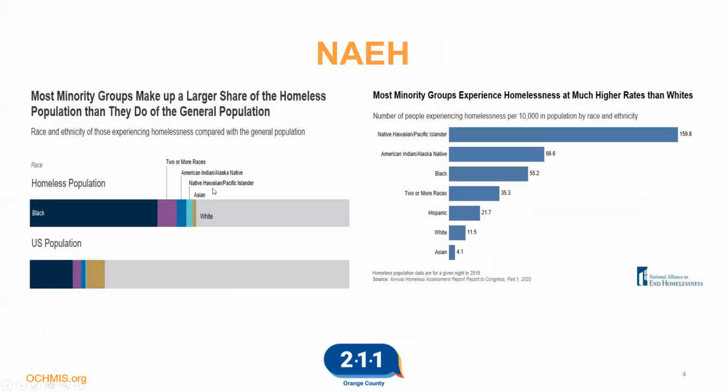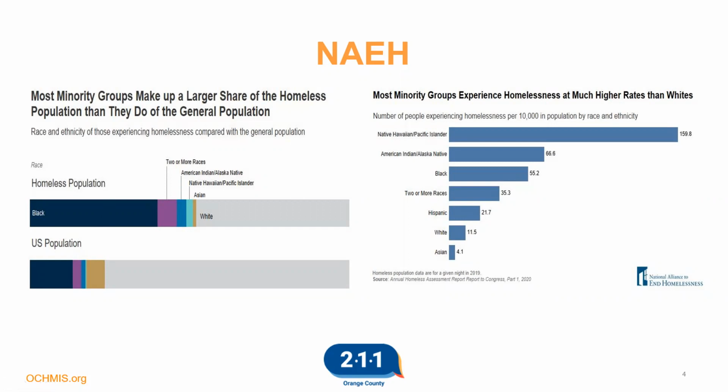First, I wanted to show you some data from the National Alliance to End Homelessness, or NAEH. They have a bunch of different examples of how they've looked at race and ethnicity across the country, as well as in COCs. So I want to share some of that with you. On the left here, you can see a comparison of the homeless population by race compared to the US population by race.